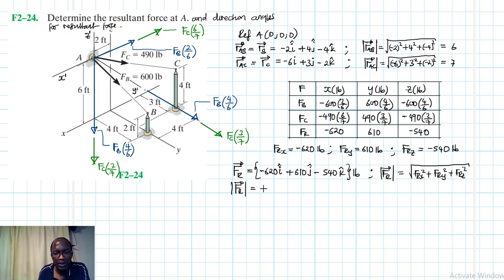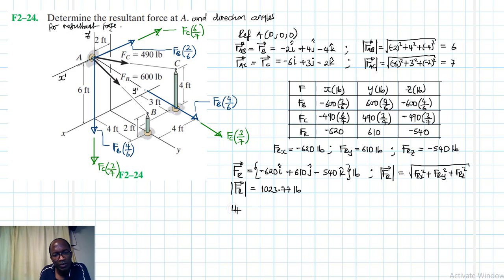All that gives us 1023.77 pounds. Right, that's 620 squared plus 610 squared plus 540 squared. Square root of that is 1023.77. So let's find the directional angles for the resultant.